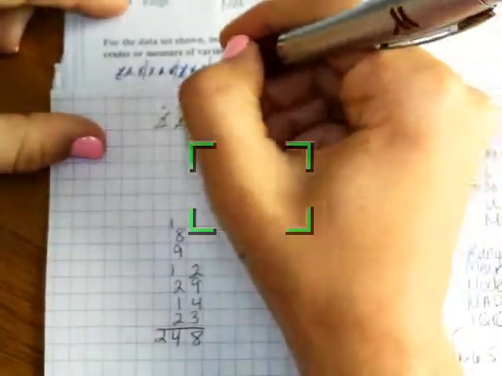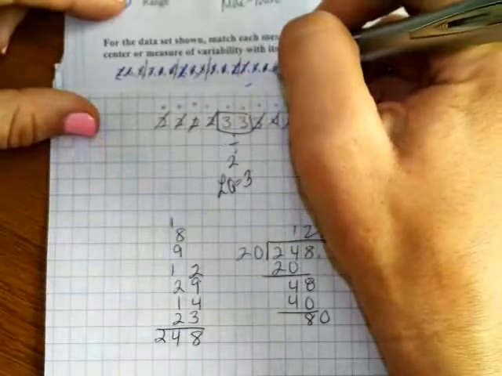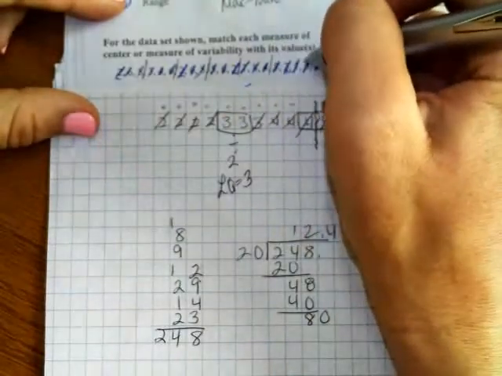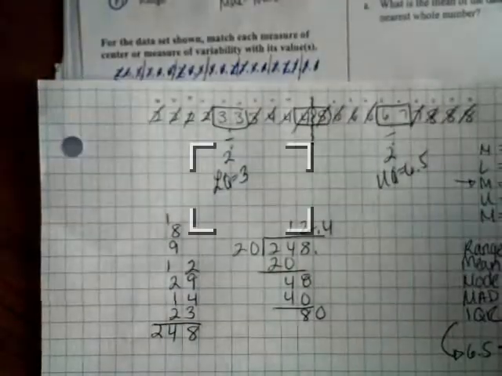Three, 6, 9, 12, 15, 18, 20. Did I add it up wrong?